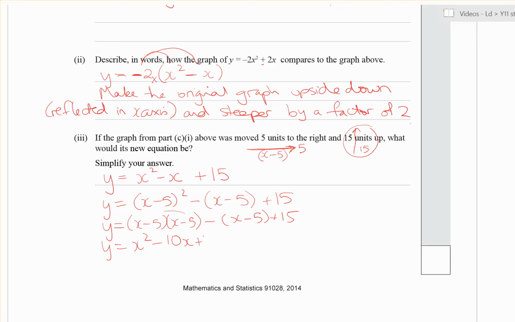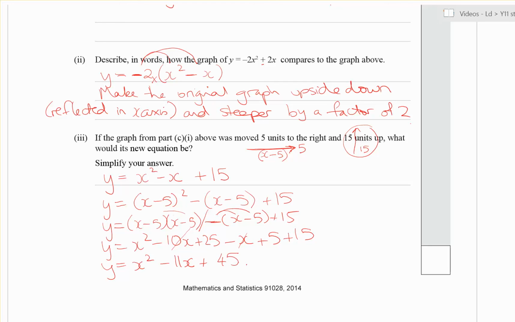We'll get a plus 25 on the end. Now this is just minus one lot of that. So remembering our expanding, I'll get a minus x, and then we'll get the plus 5. You need to be really careful multiplying that out, which gives me y equals x squared minus 11x, plus 25 and 5 is 30, plus 15 is 45.